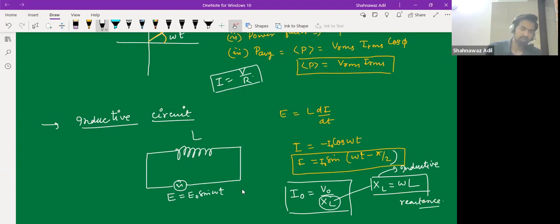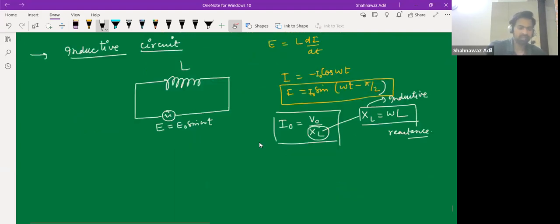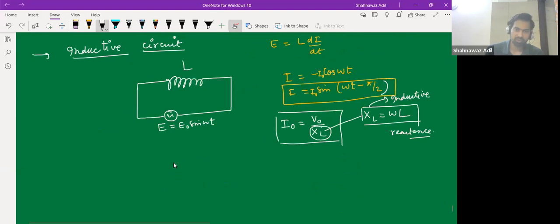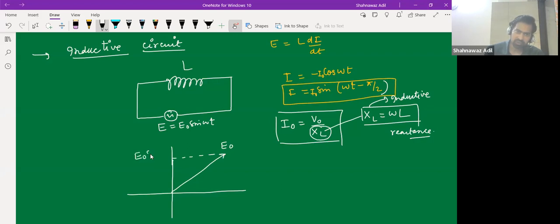Okay. So now we were doing this phasor diagram. You guys can see that, let's say this is my E naught, right? And when I drop down this E naught, so this is E naught sine of omega t.